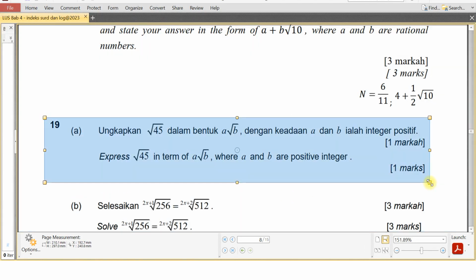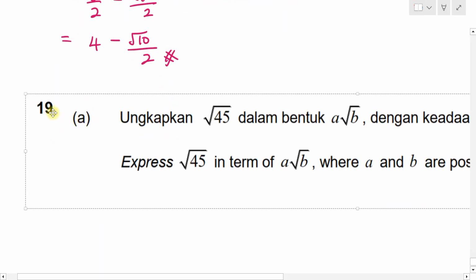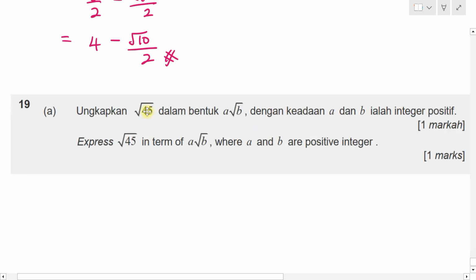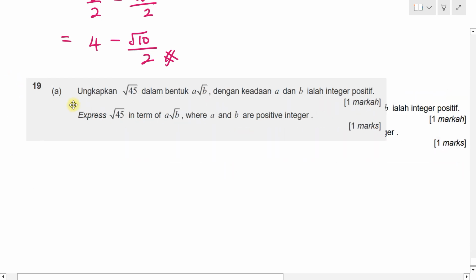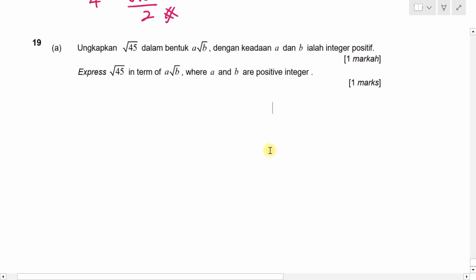Question 19. Express surd 45 in terms of this one. Of course, you can use your calculator and get the answer. 1 mark only, so definitely you can straight away tell the final answer.